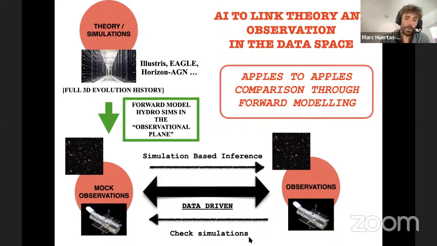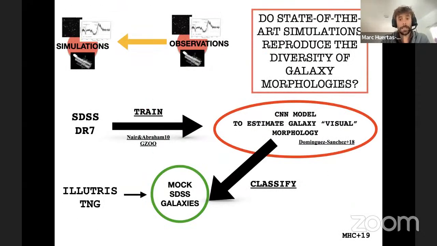And so what you want to do is check how simulations reproduce the morphological properties of galaxies in the local universe. Again, here we compare these at the pixel level, so we can generate mock images. What we do is take images from Sloan, so at low redshift, and classify them using a standard convolutional neural network, so that we get an estimate of morphologies at the pixel level.